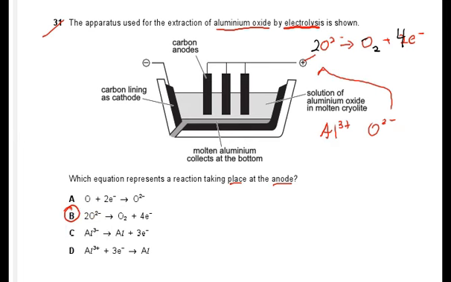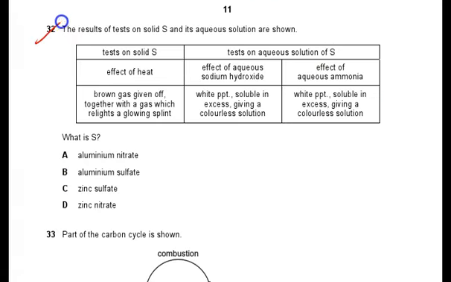Okay, now let us look at the next one. Okay, 32, the result of tests on solid S and its aqueous solution. Okay, now test on solid S, effect of heat, brown gas given off. Okay, this one certainly will be nitrogen dioxide. Okay, it's a brown gas together with a gas relighting a glowing splint.